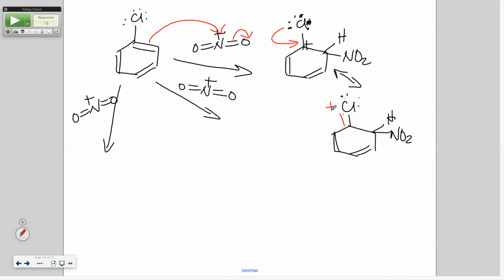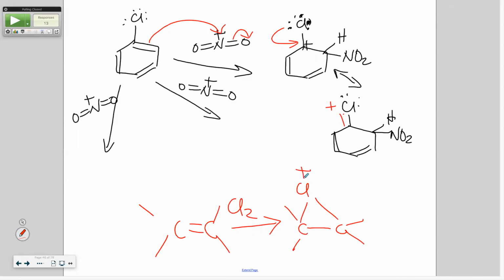So the chlorine is, where have we seen chlorine have a plus charge before? We saw it way back in the dark ages. Do you remember doing this on double bonds? And what did we make as an intermediate? Good review for the final.